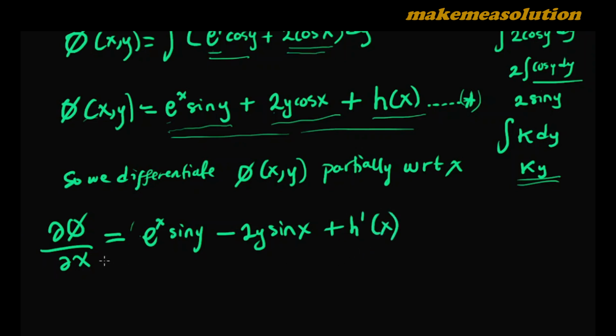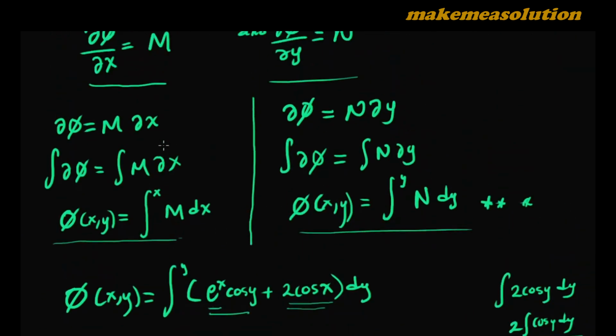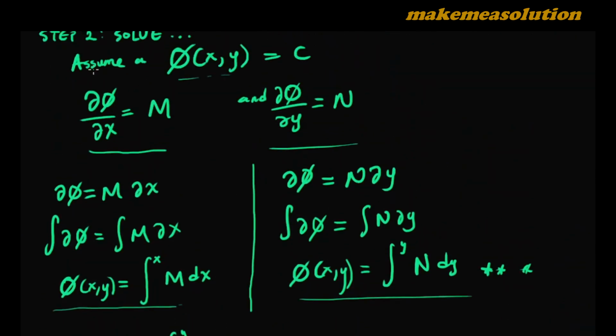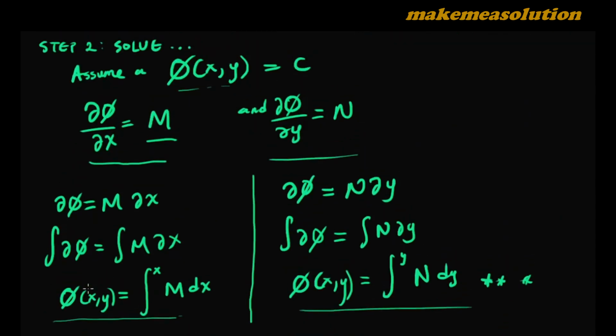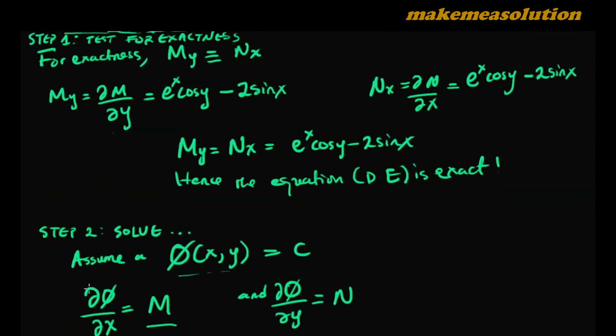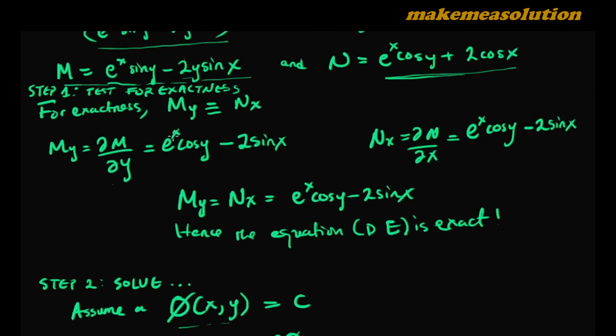Is that okay? Now, according to our rule, do you remember that anytime we differentiate phi with respect to x, we are going to get m? So we are trying to say that this is equal to m. So we now need to look for the expression we had for m, and the expression we had for m over here is this.